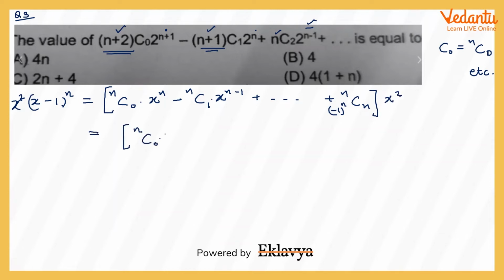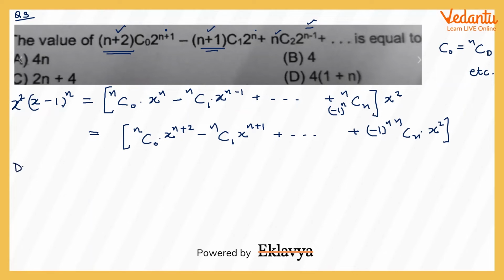So nc0 into x power n plus 2, then minus nc1 into x to the power n plus 1 and so on, plus minus 1 raised to the power n ncn into x power 2. Now if I do the differentiation and put x is equal to 2, I think we will be able to get what exactly is asked here, isn't it?